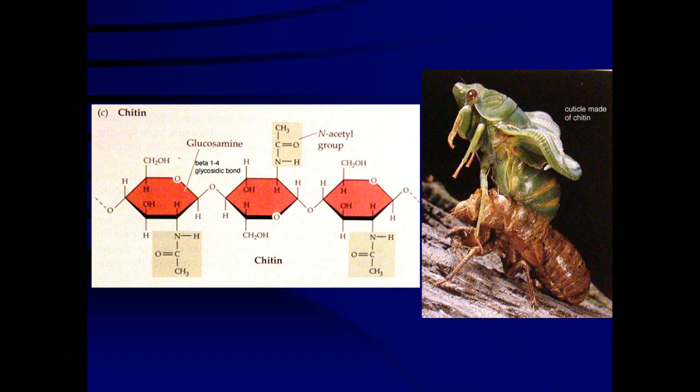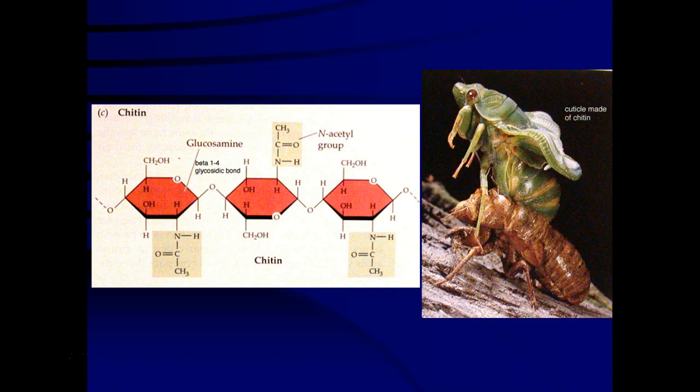So just like cellulose, it's an unbranched molecule. Now, there is one difference between chitin and cellulose, and that comes at carbon number 2. If you look at carbon number 2, we would be expecting a hydroxyl group, but we don't. We have this strange little side group.